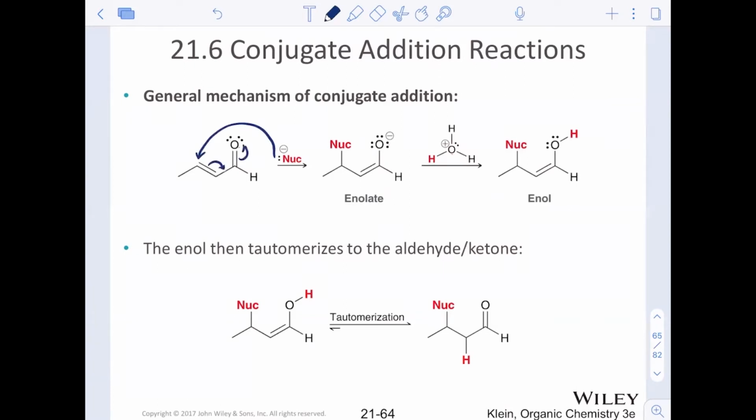What we hypothesize is that the enolate that forms will be the more stable resonance form where the oxygen has a negative charge. The acid workup then will protonate that oxygen to an enol. But then we also do know that enols tautomerize, and that will just result with our aldehyde reforming and the proton forming back onto the alpha position.